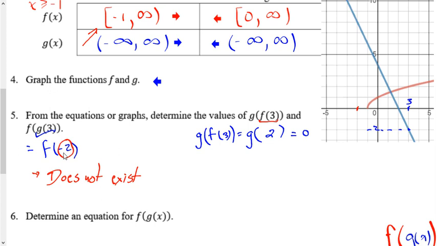And in fact, positive 3 isn't even. Really, that's the point here, that I can't plug 3 into my composition of functions, even though it looks like it fits both of these domains, this domain and this domain for f of x and g of x. Because of what g of x does to it, it gives me an output that f of x cannot take.